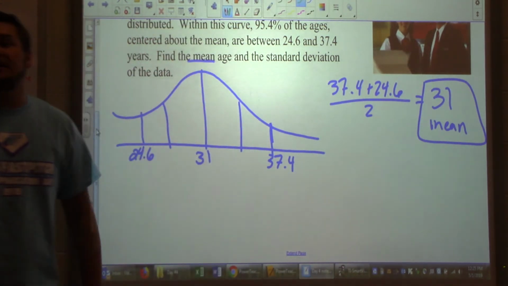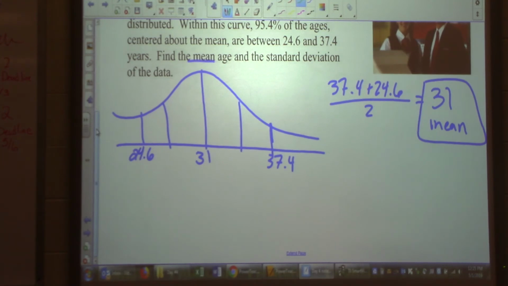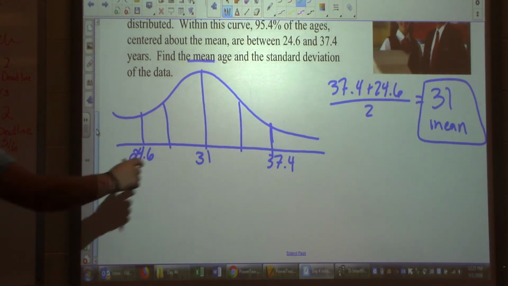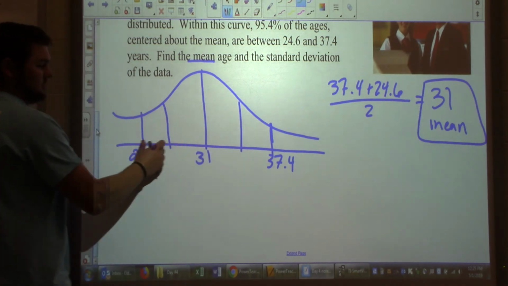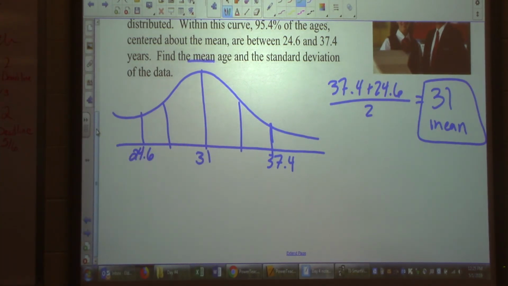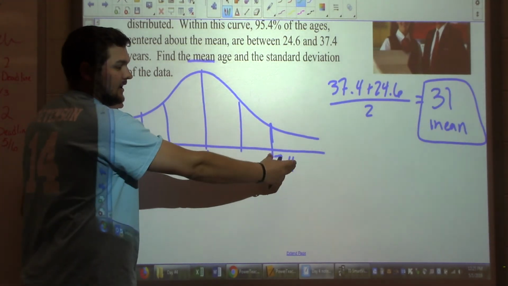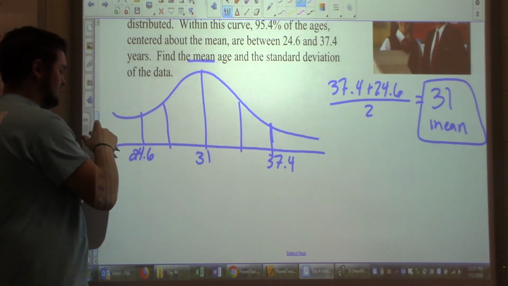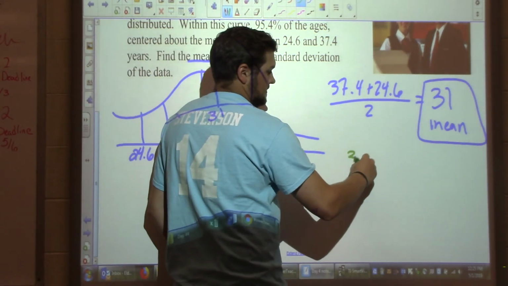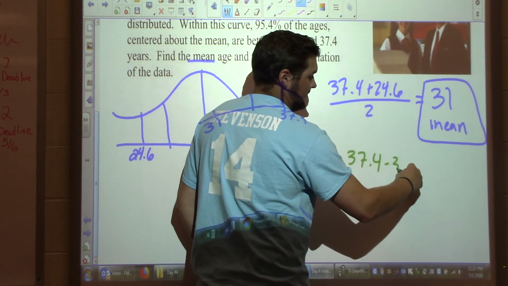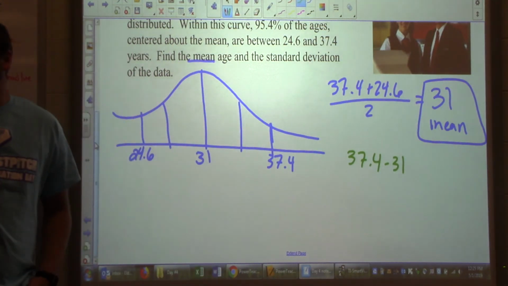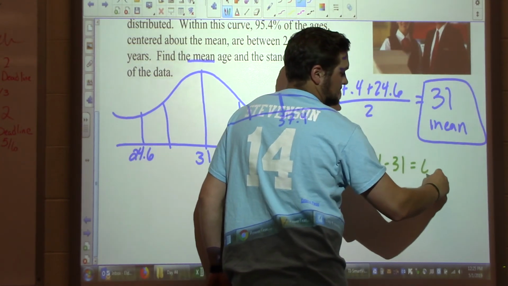So I found the first part, 31. Now I want to find the standard deviation. Well, how can I do that? With the curve of the ages. How do I know by how much I'm going in each one of these? Find the difference and divide by 2. Find the difference of what? 37.4 and 31. If I find the difference of these two, I figure out how spread out these are, and I divide by 2, it'll give me how far I need to go. 37.4 minus 31 should give me 6.4.